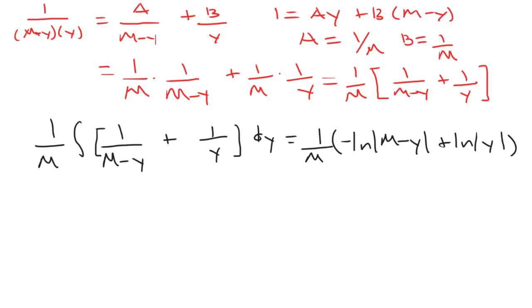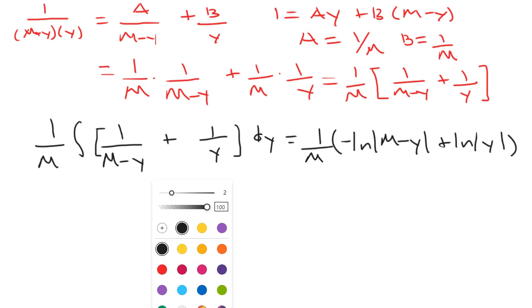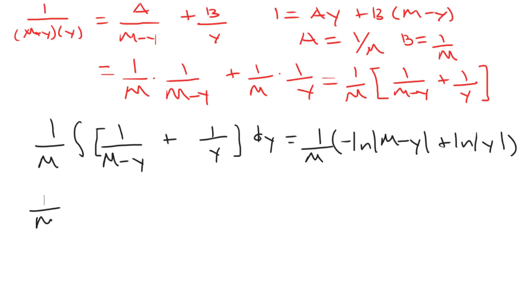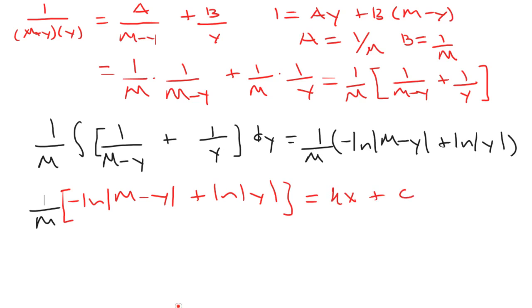And then from there, we can go back and say that we have 1 over m multiplied by negative ln of m minus y plus the ln of y, and this is equal to what we said would be kx plus c.